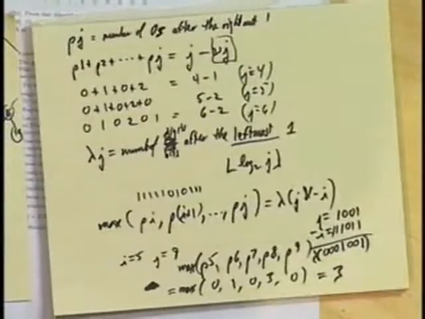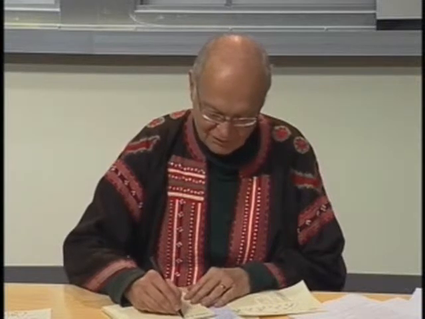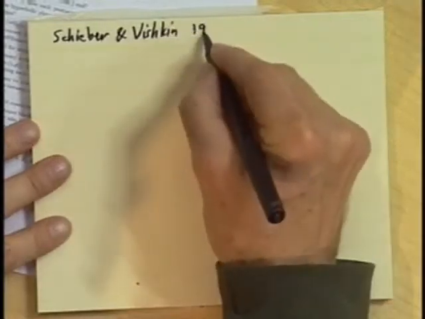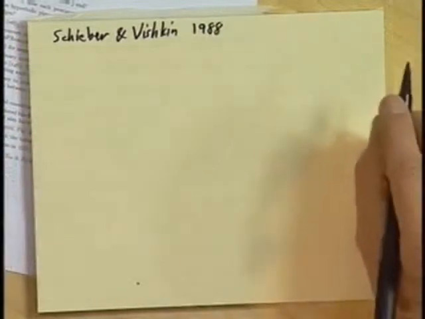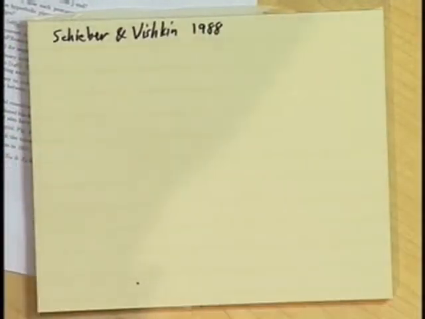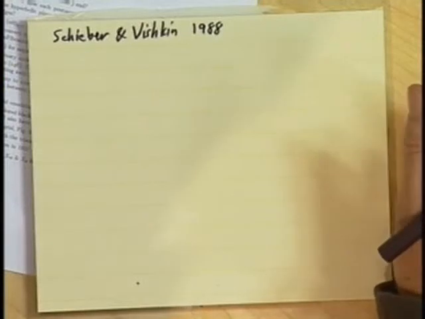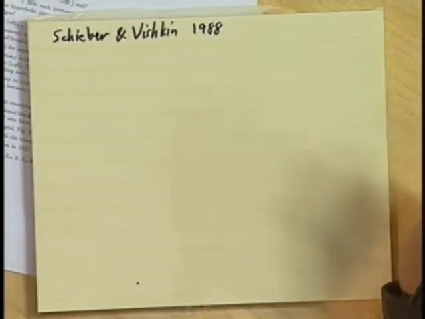All right, now what I want to do in the rest of this talk is describe to you a beautiful algorithm by Baruch Schieber and Vishkin. This algorithm they published in 1988, and boy, it took me 2 days doing nothing else to understand it, but it's a gorgeous algorithm.